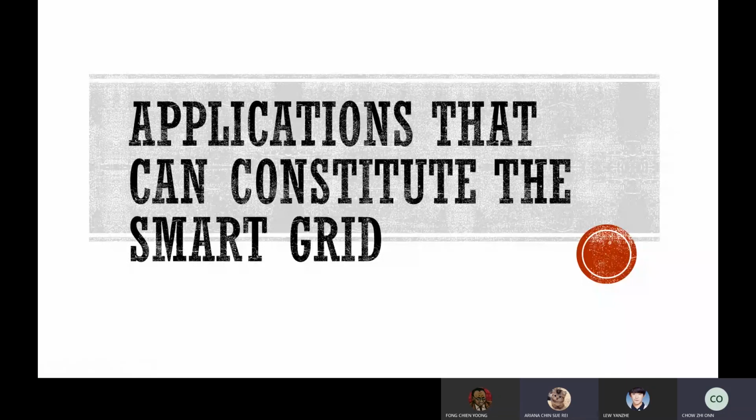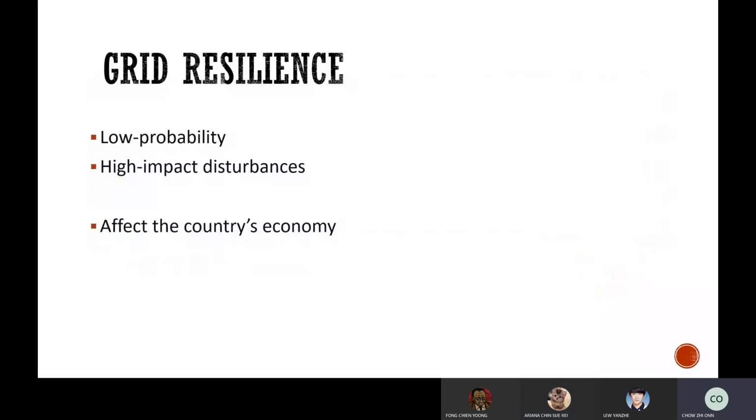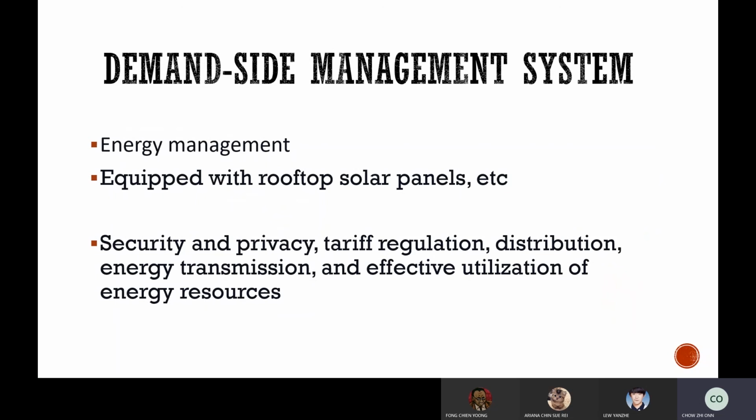I'm going to talk about applications that can constitute the smart grid. In terms of grid resilience, the target is to withstand low probability and high impact disturbances. The power system is deemed critical infrastructure, and any damage to it directly affects the country's economy, since other critical infrastructures depend on electrical power for their operation. For demand-side management, users are encouraged to participate in energy management.